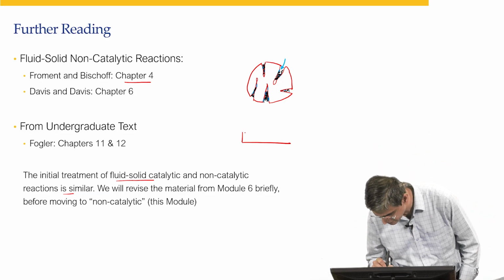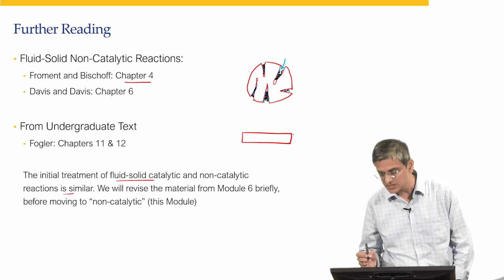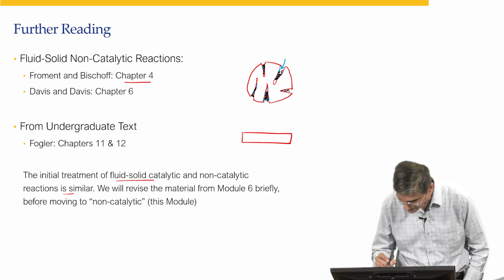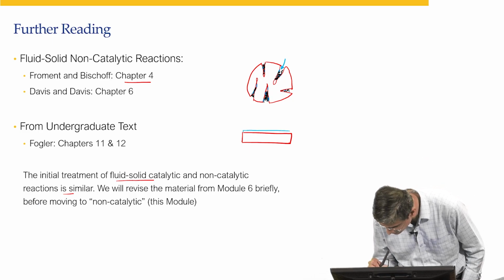So what is happening over there is, let's say this is silver or brass, and that has a small layer of oxide that is present.